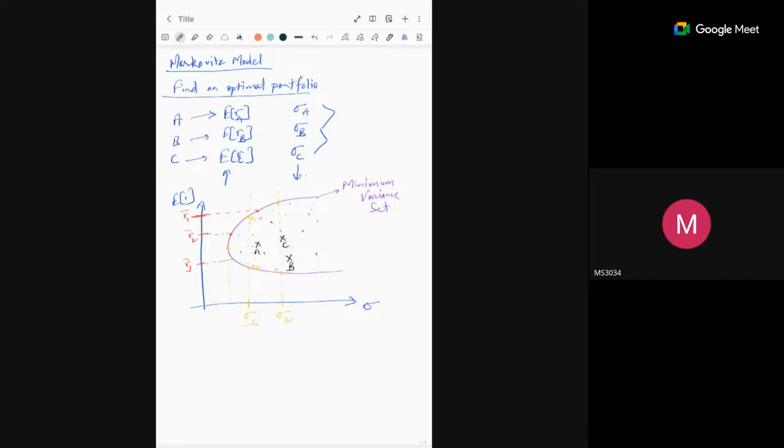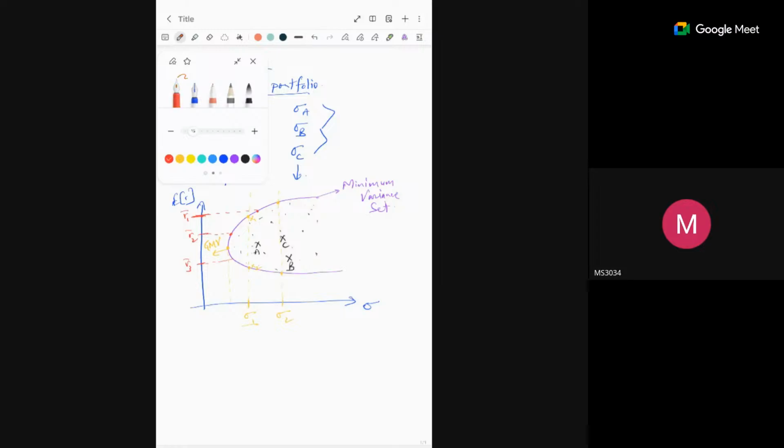There is no other portfolio which gives you a variance lower than this. And all the points above this global minimum variance portfolio are the portfolios which you should be considering for your investment purposes.